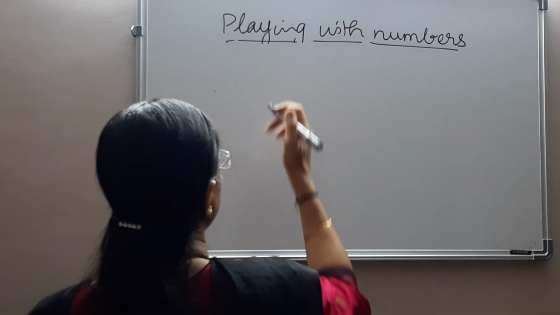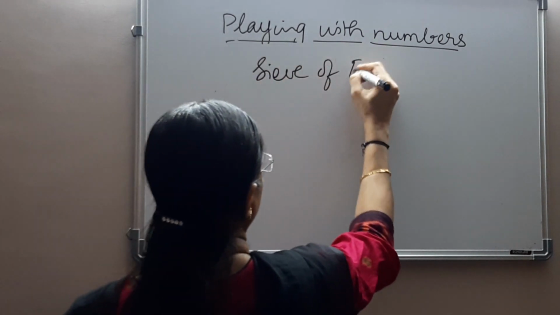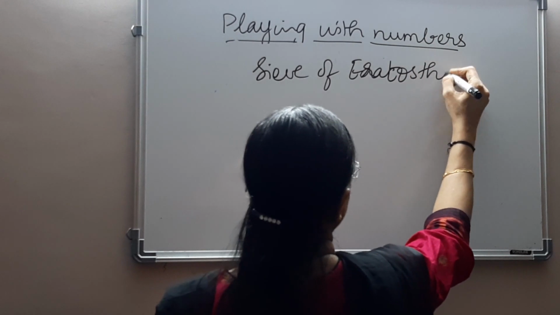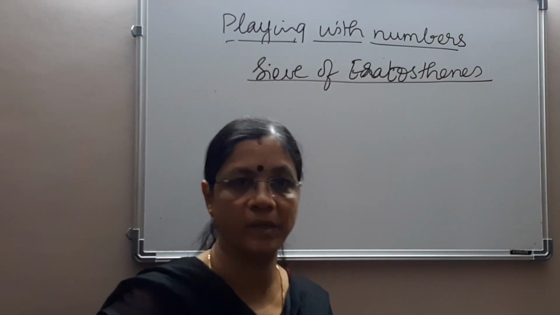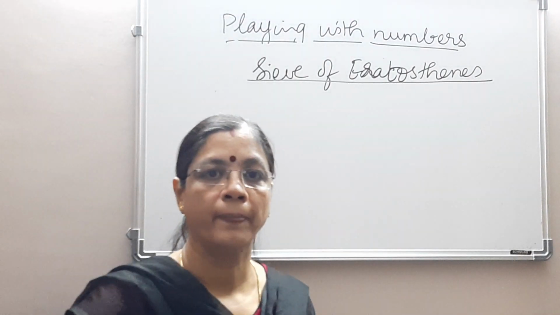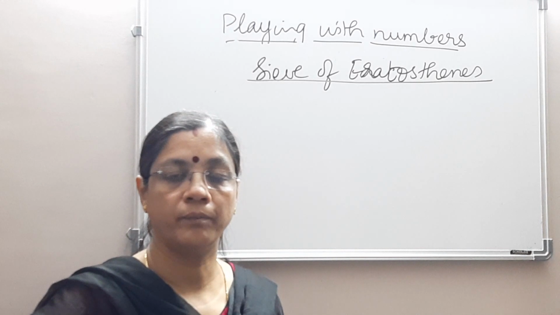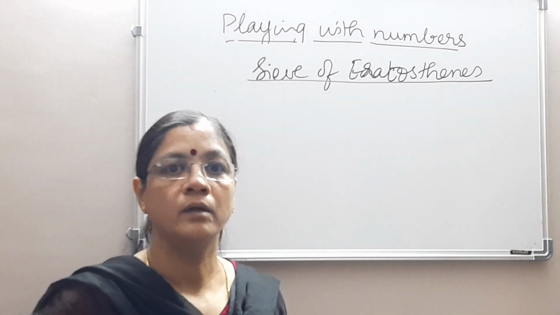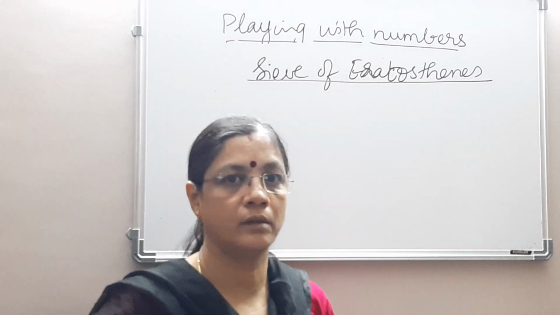And there is a method called the sieve of Eratosthenes. What is the sieve of Eratosthenes? Eratosthenes was a famous mathematician. He was a great thinker, and he was the first who proposed a method to measure the circumference of Earth.